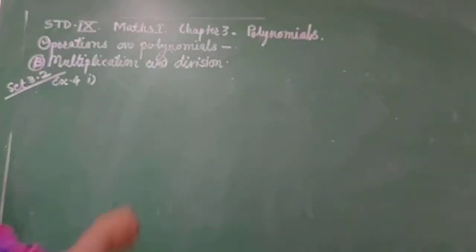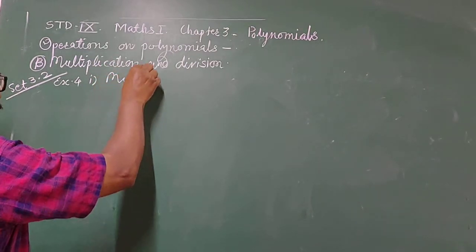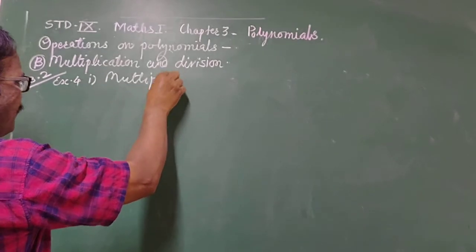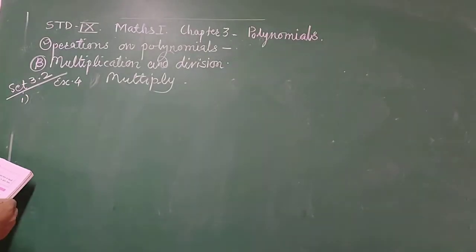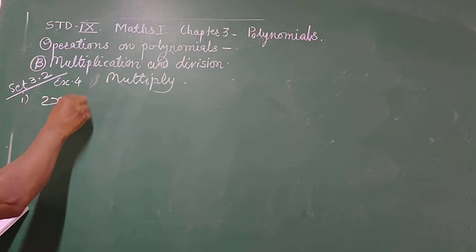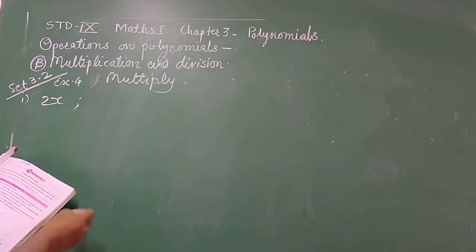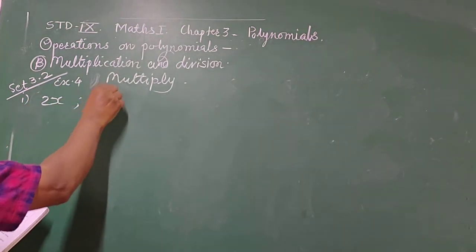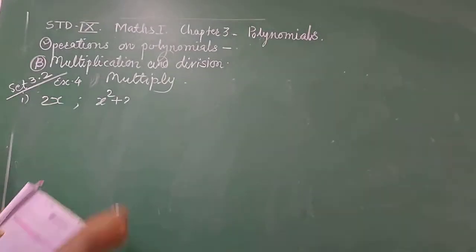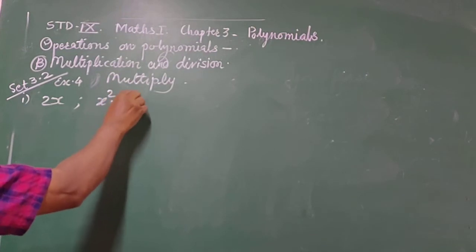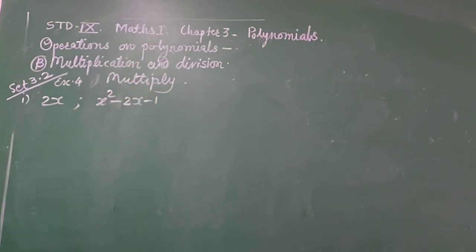Multiply the given polynomials. First example is 2x and the given polynomial x square minus 2x minus 1.